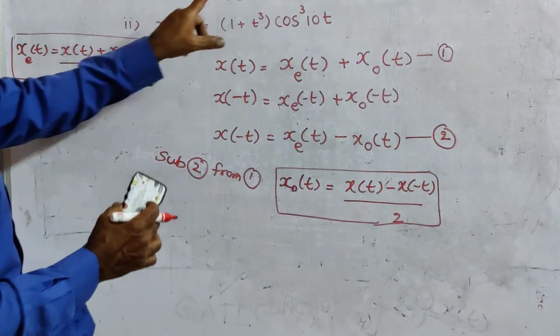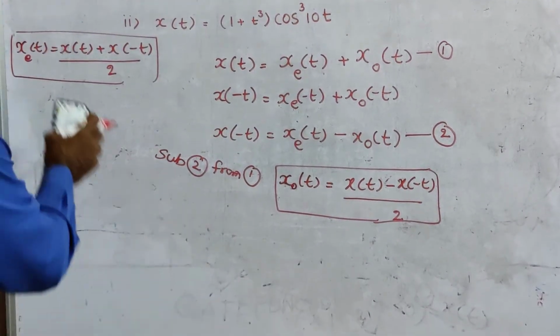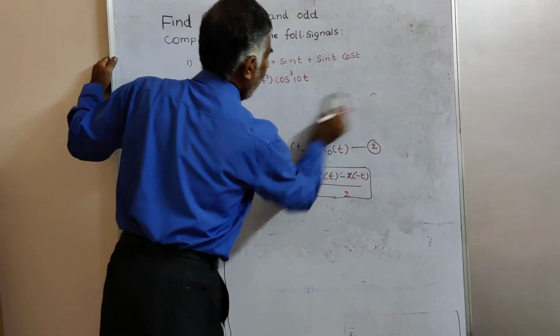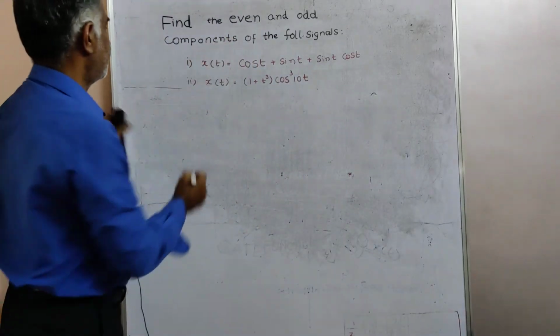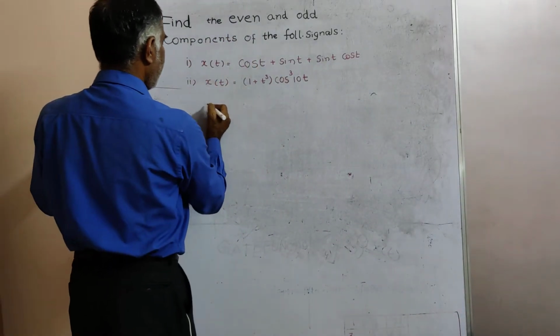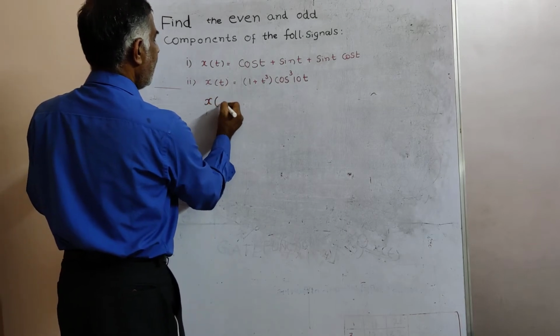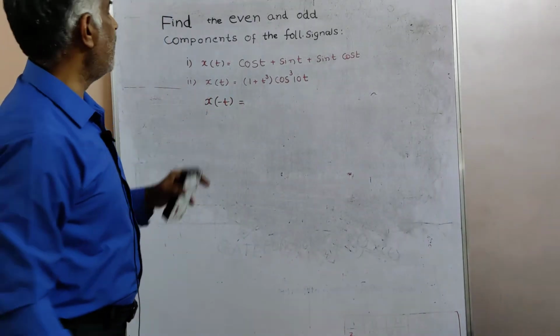Now I will work out any one problem. The other one you have to attend. In this, the second problem I will take. You work out the first problem. Take x(t), second problem. Replace t by minus t.